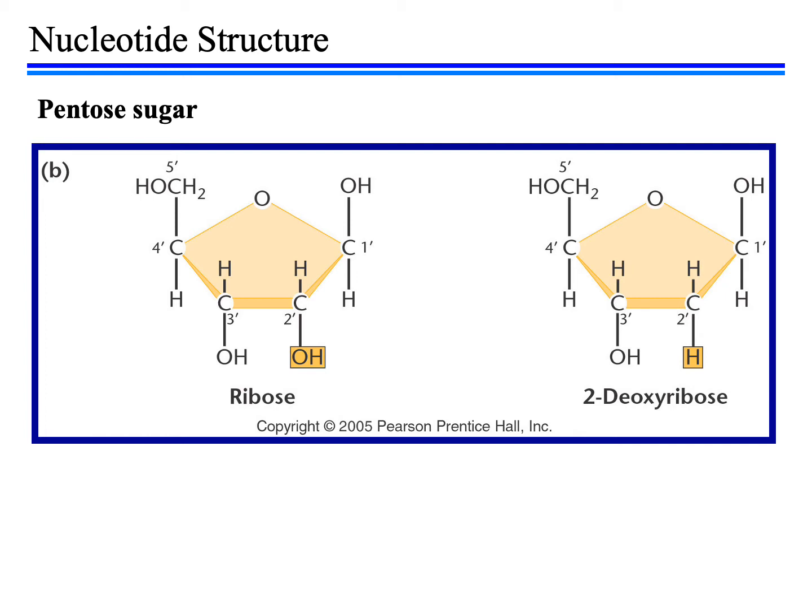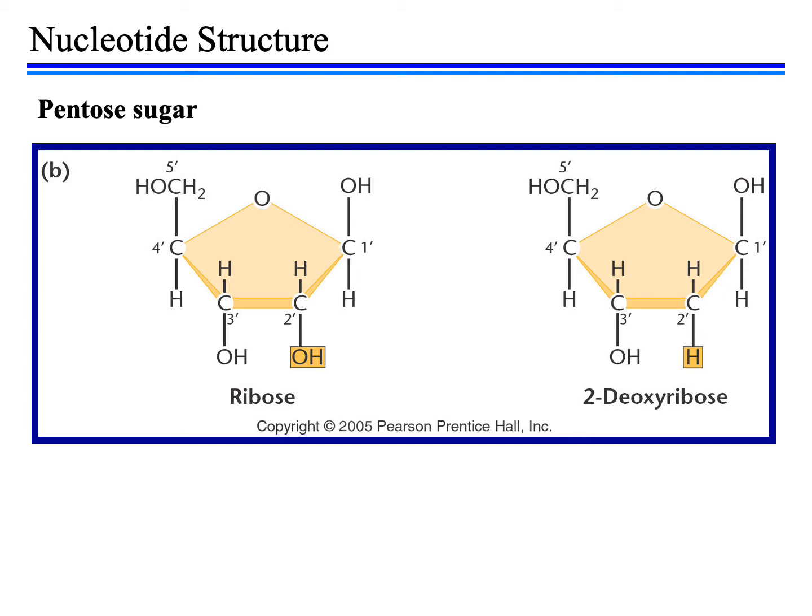But again, what I want to highlight is that these molecules are almost identical, and the only difference is at the 2' carbon end, which is what you see in ribose is a hydroxyl group, and in deoxyribose, the oxygen is missing, hence deoxy, missing the oxygen. That's the only difference between these two structures.